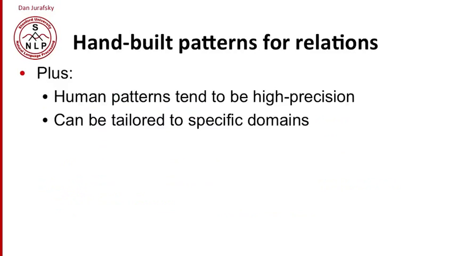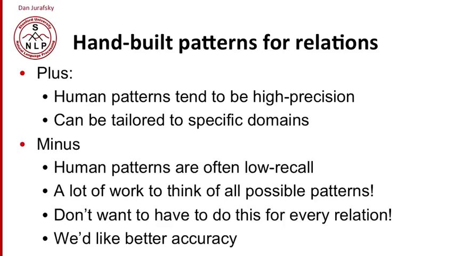Now, an advantage of the pattern extraction algorithm for doing relation extraction is that these human patterns tend to be high precision. If you look at a particular domain and you write rules, the rules are usually pretty high precision, and they can be tailored to these very specific domains. If you have a particular relation extraction task, when you write rules, they can get this high precision. The minuses are that human patterns tend to be low recall.